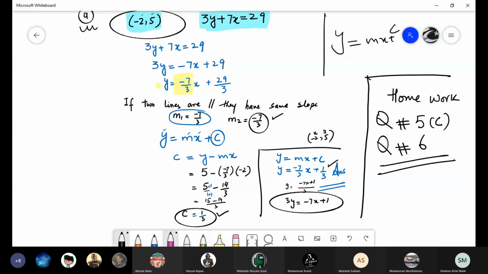Then Abdullah. Muhammad Abdullah, do you have him in your class or no? Sir is in 8A, he is not in your class. That's why I want to verify, because I just take your names from OneNote. Mubashir is there, but Abdullah is not there. Okay. Then Abdur Rahman. Yes, ma'am, I am here. Then Ahmed Siddiqui. Yes, ma'am.